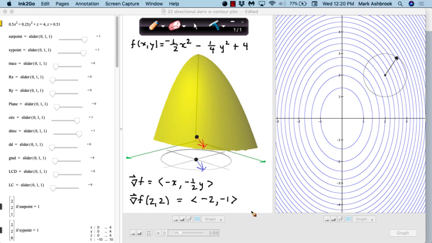Let's see. Serenity, did you get anything else that helps us solve this? Okay. So it sounds like you're talking about the unit vector. The unit vector is?